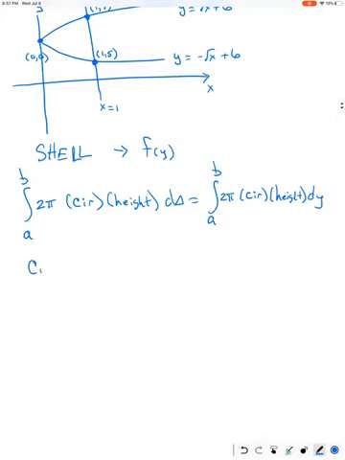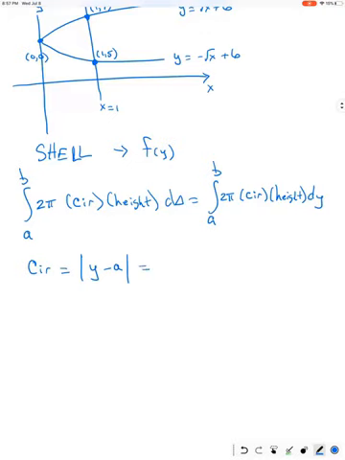Okay, so the circumference, the way I like to set it up, is the absolute value of whatever variable you're working with, in this case y, minus a, where a is the axis of rotation. So where are you actually spinning things around?